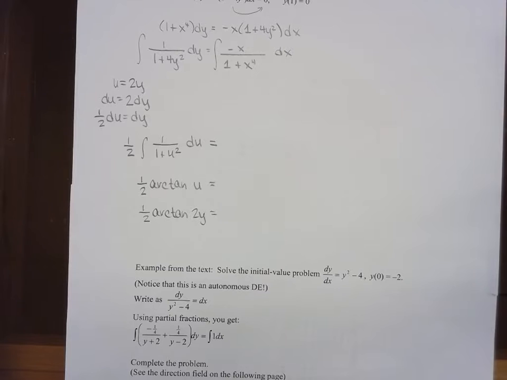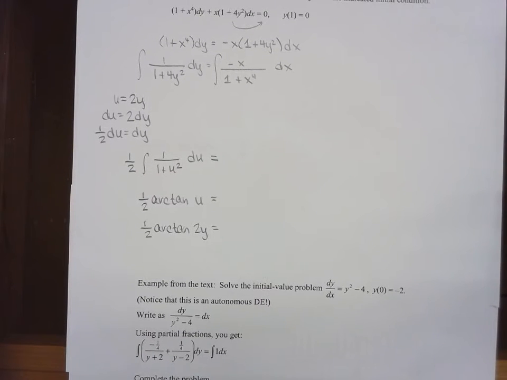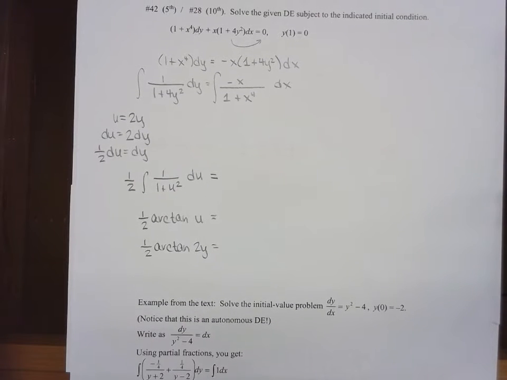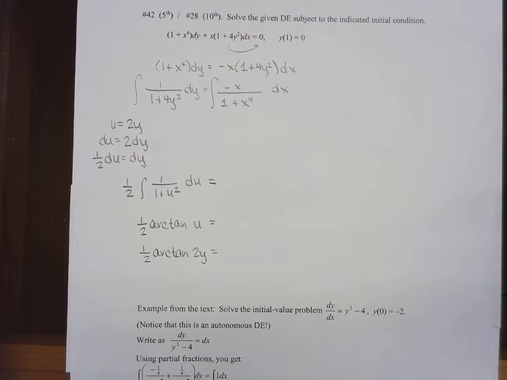Now let's go back to the right-hand side, the side with all the x's. What do you think that one's going to involve? Substitution of x squared. Yeah, so this is also going to turn into an arctan problem.